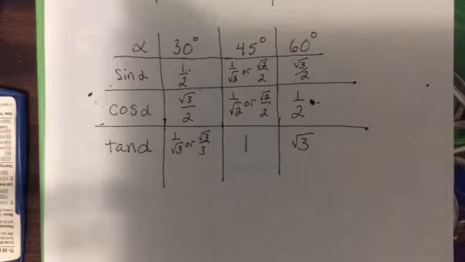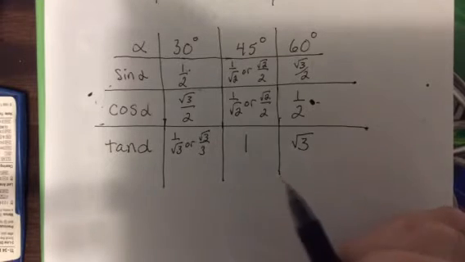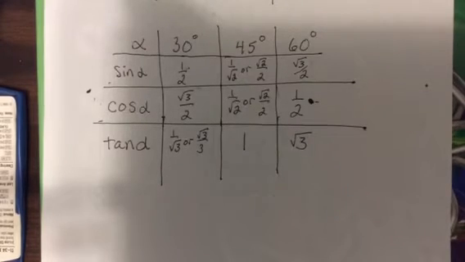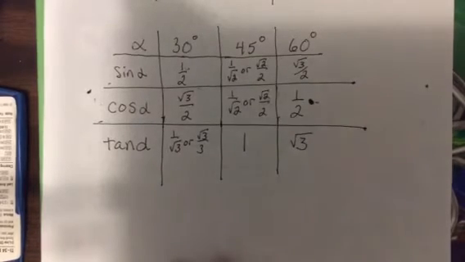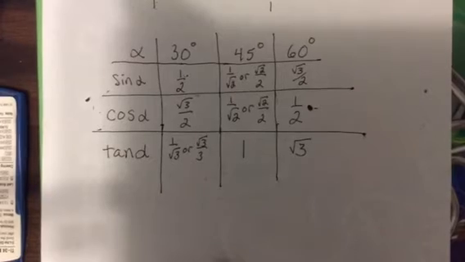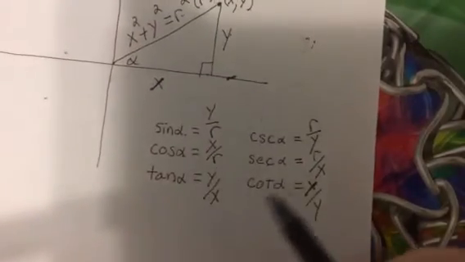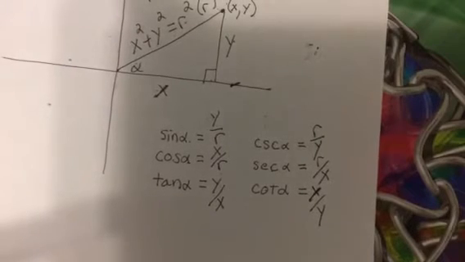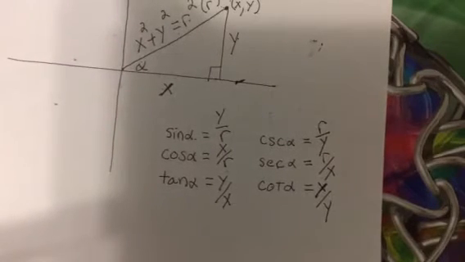In fact, have your parents say, if I get all 9 of these right, give me $5. Because it's going to help you in pre-calculus, it's going to help you in calculus, and not a whole lot in geometry. It might help you a little bit. It's just going to help you in the long run. But again, I'm not going to make you, the first time in 30 years I haven't made people memorize it.